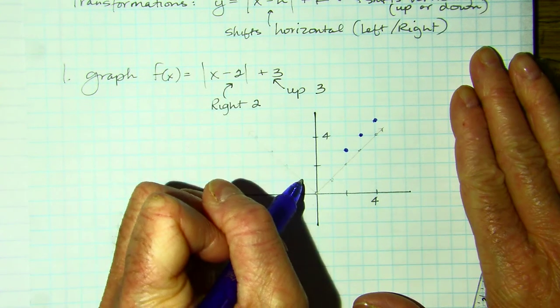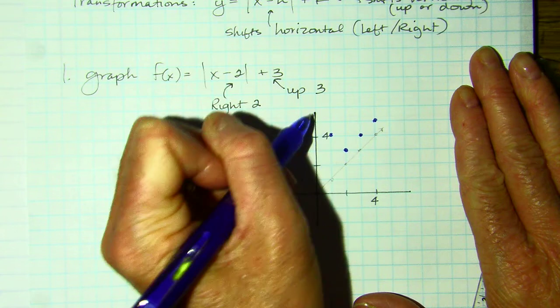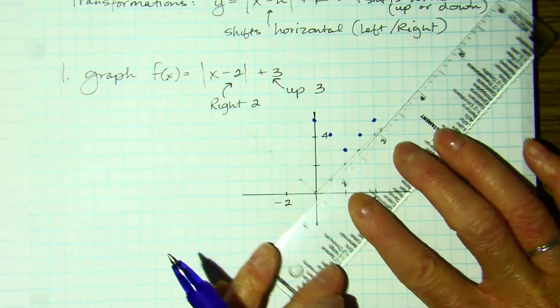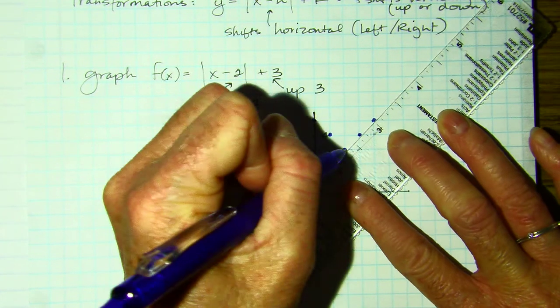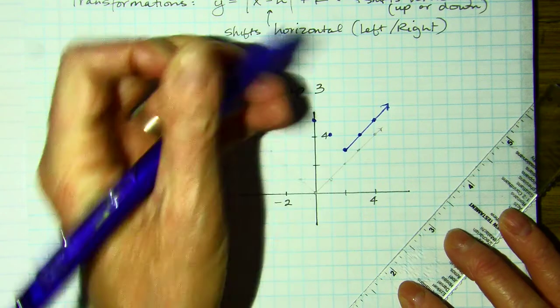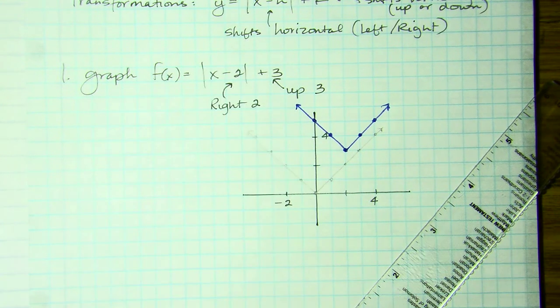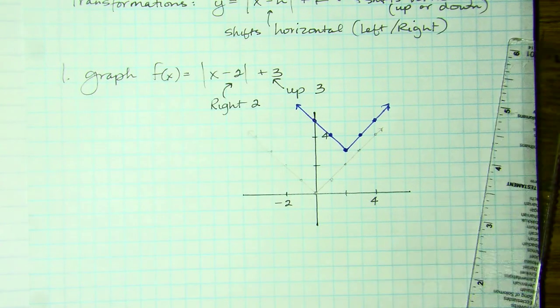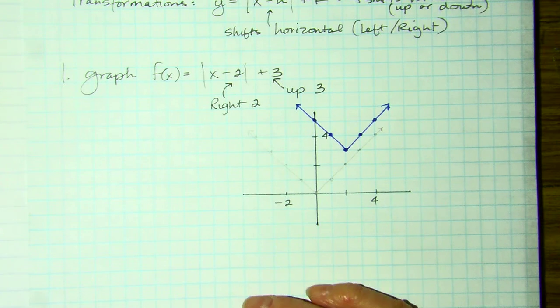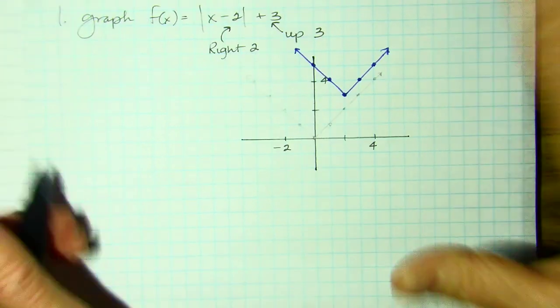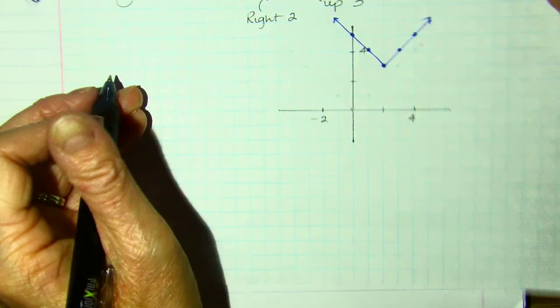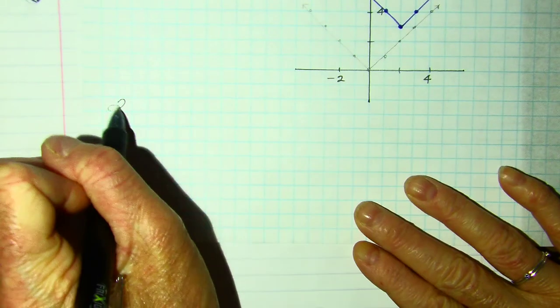So this point would be right 2, up 3. So your V is shifted to the right 2, up 3, but I know it has a perfect V. So that is my graph. Okay? So you guys should be able to do that based on the equation they give you. I'm going to do one more and we'll move on.